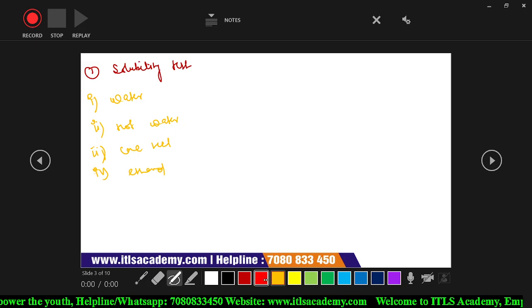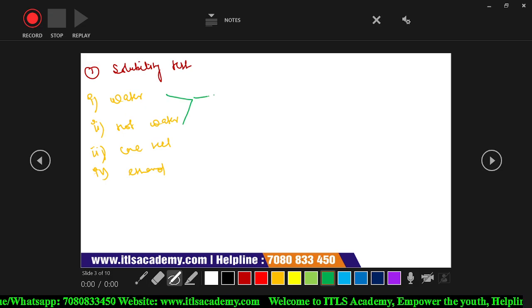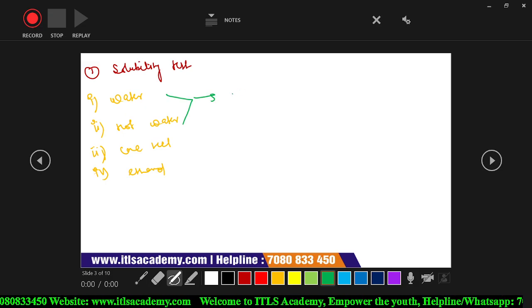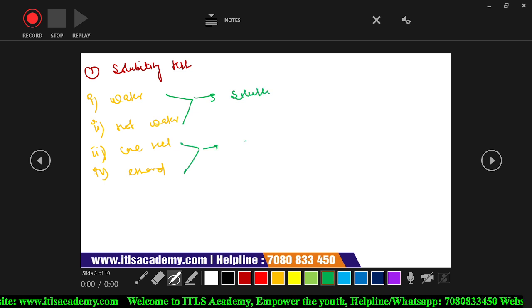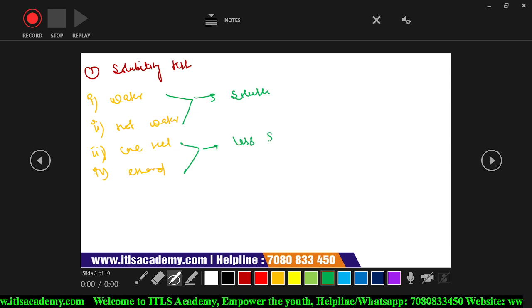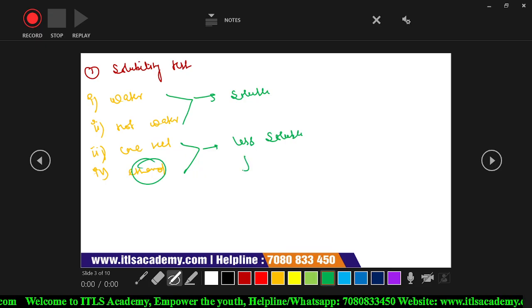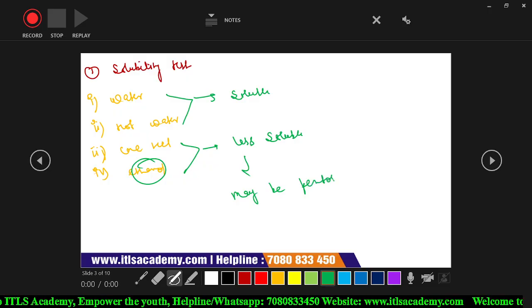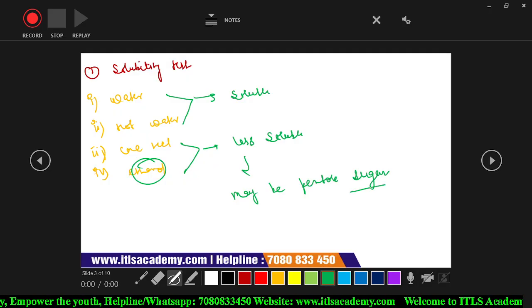When we dissolve the sample into it, we will see that the sample is only soluble in water and hot water, and less soluble in ethanol, which indicates that it may be pentose sugar. Clear?